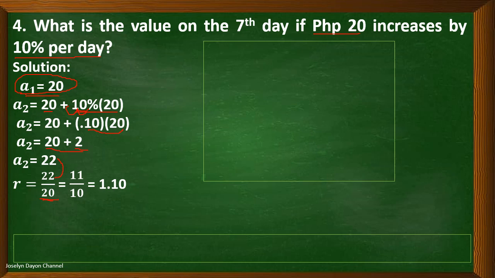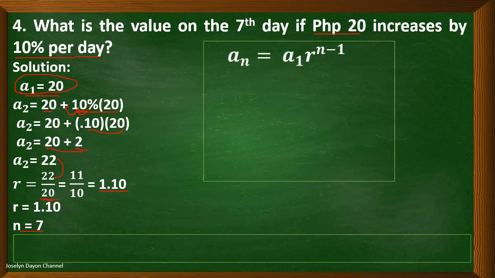But for this time, since we are talking about money, I'm going to express this one in decimal form. So that is equal to 1.10. So now I can solve the value of the 20 pesos on the 7th day. So we have now the common ratio of 1.10 as well as the value of n, which is equal to 7.